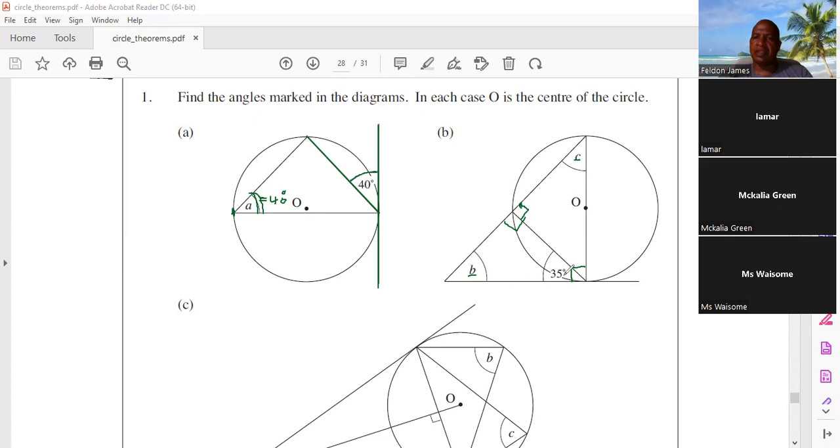So B plus 35 must give you 90. So B is equal to what? B is equal to 90 minus 35, which is 55. So B is 55. What about C? What is C?